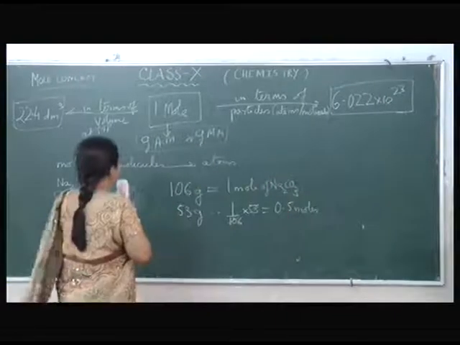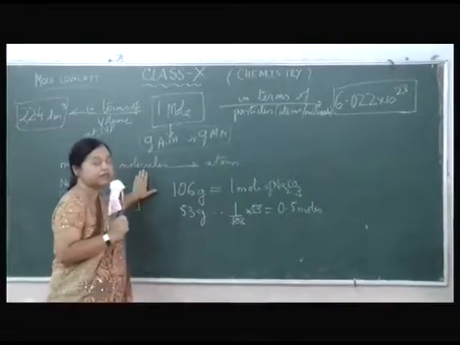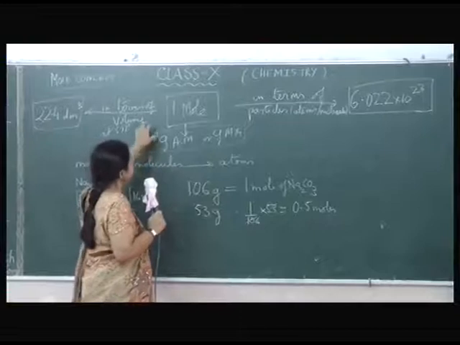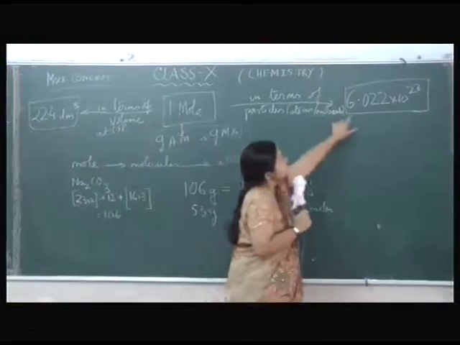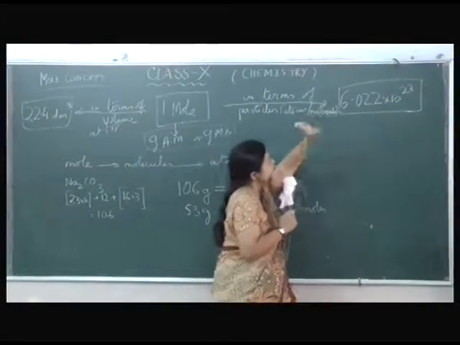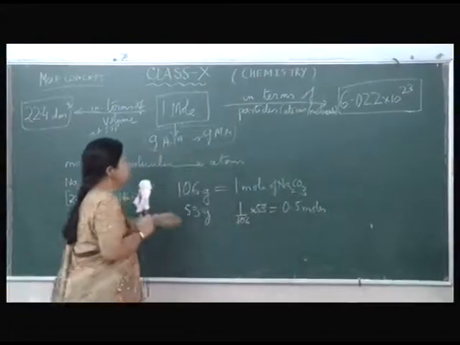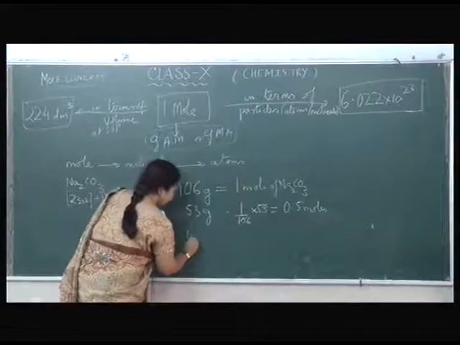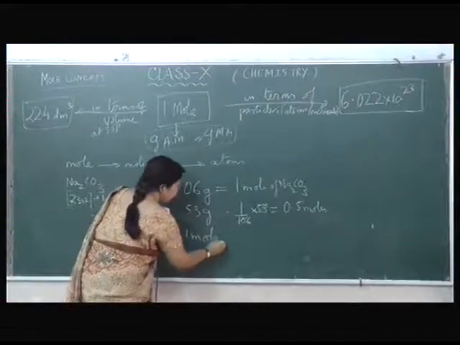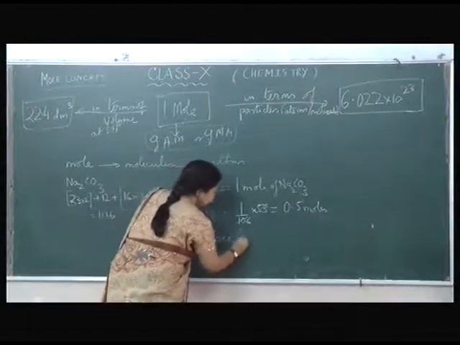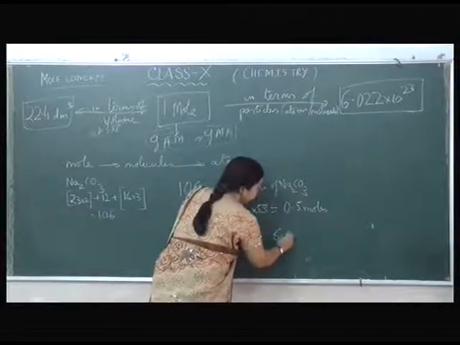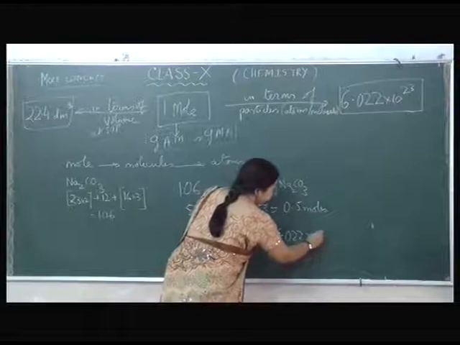Now let us see how many molecules are present in 0.5 moles of Na2CO3. How many molecules in 1 mole? 6.022 into 10 to the power 23. So 1 mole contains 6.022 into 10 to the power 23.